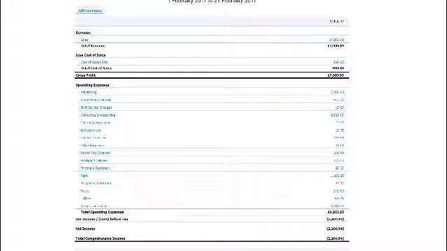So we can see that this particular client spent a ton of money on consulting and accounting. If I was their bookkeeper, I would sit down with them and ask them why that expense is so high. It's half of what they're already paying out in wages, so I would question why this is so high. It's one of the reasons you want to have a good bookkeeper, so that these things can be questioned.